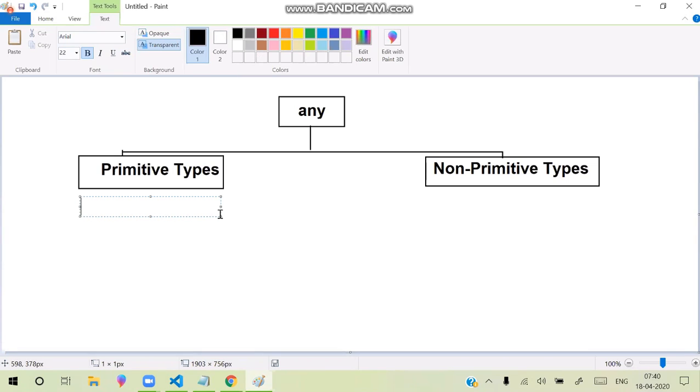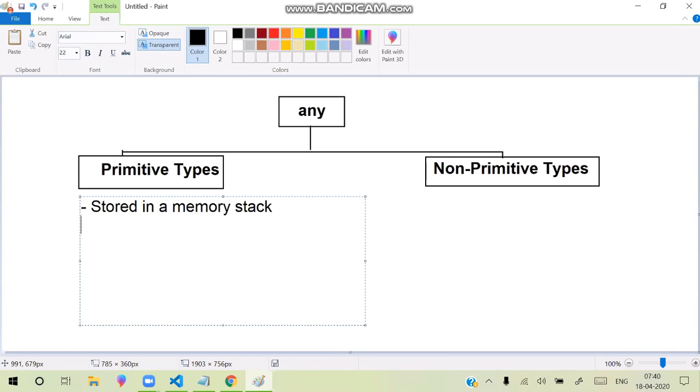Generally, when you are learning about data types, the first thing you should know is that primitive types, when you declare them, are stored in a memory stack.